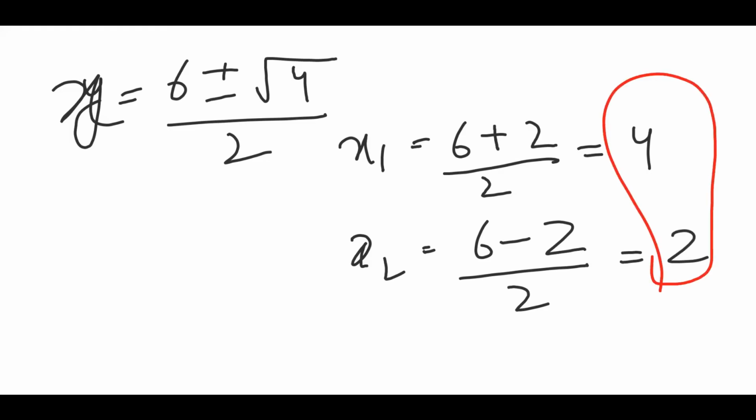Now moving towards the next concept, it is the discriminant. What is the discriminant? The discriminant was also part of the quadratic formula. So the discriminant is b squared minus 4ac.